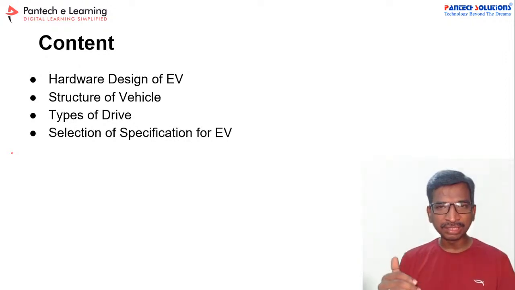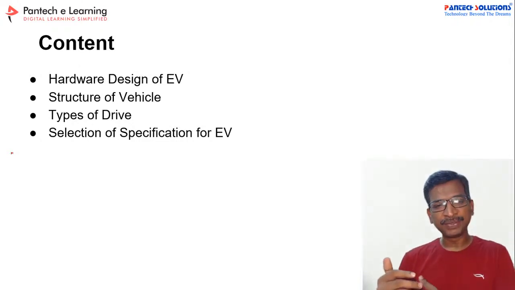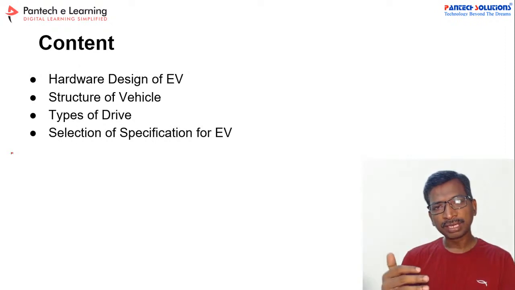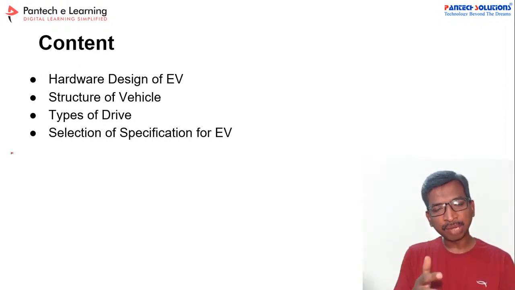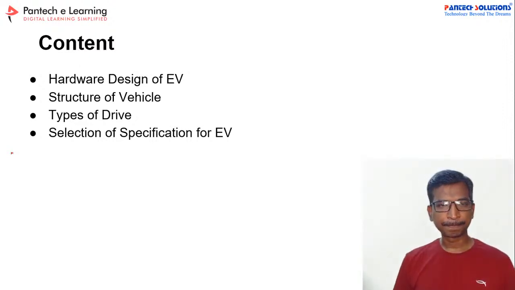The type of drives is whether you are going to drive your vehicle with a single motor, dual motor, or four all-wheel drive motor. You can choose anything, it's up to you. Then the selection of the specifications for the EV. What are the components you should choose? This topic we will discuss in detail. So keep engaged with the entire class.